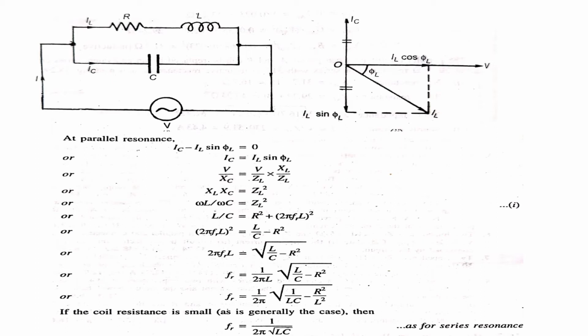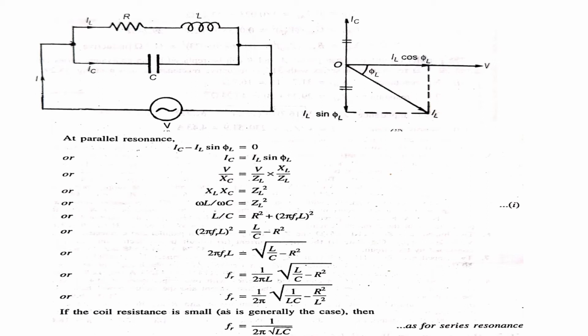Simplifying this equation, we further get XL XC equal to ZL square. Putting the values of XL and XC, we get omega L upon omega C equal to ZL square. Further simplifying, we get L upon C equal to R square plus (2 pi F R L) whole square.